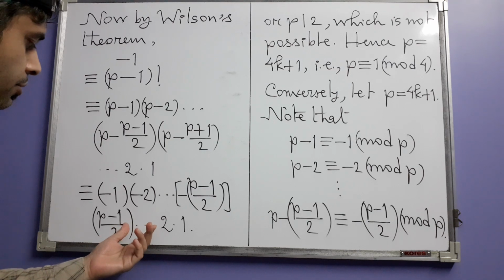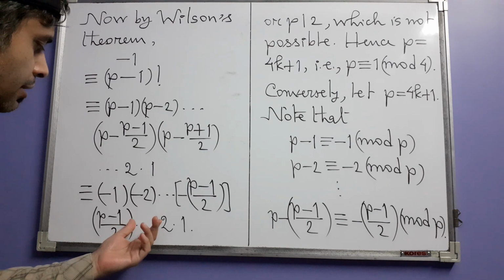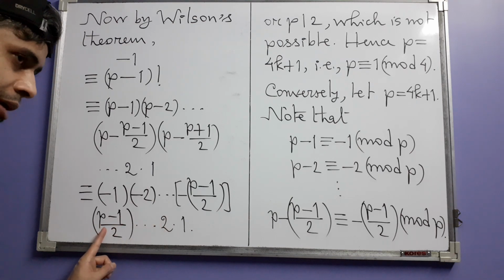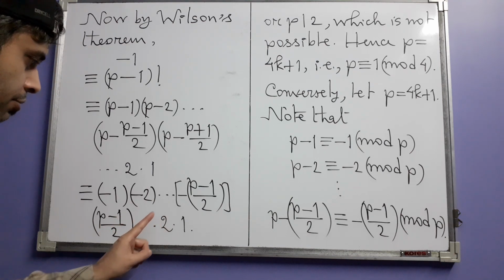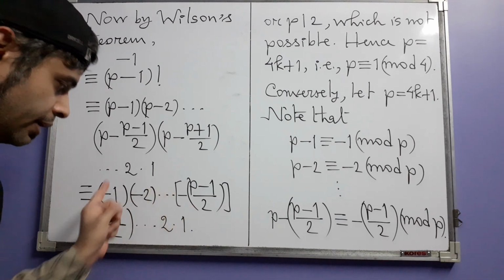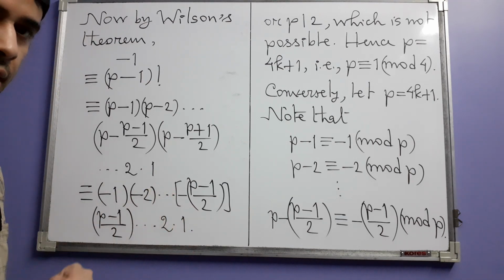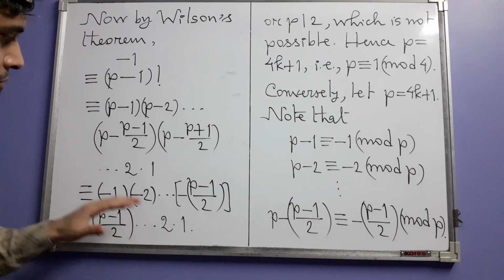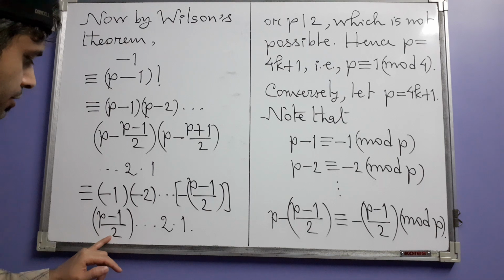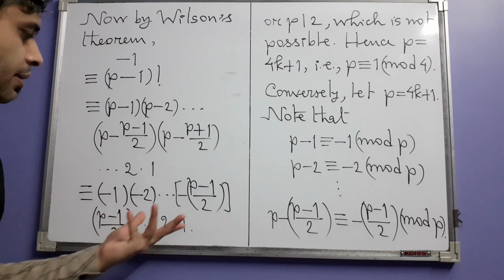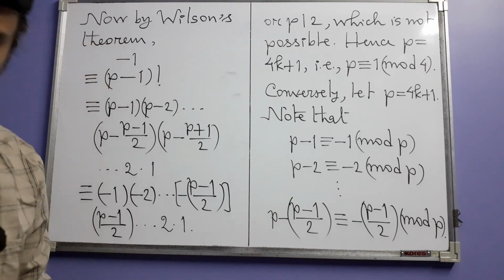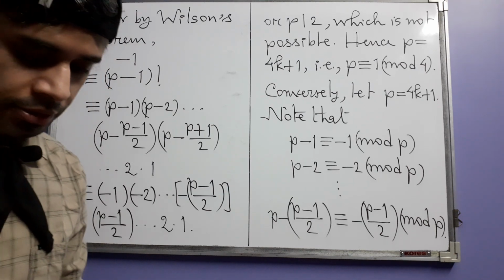If you do, you will see that you are getting an integer here, the one that should come after this factor, whereas the factor that comes before this one is the negative of that. That is how you see we are getting these 1, 2, 3 up to p minus 1 divided by 2 and their negative versions here. So there are repetitions.